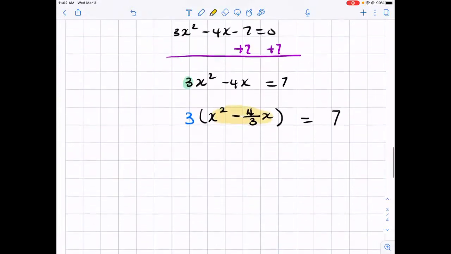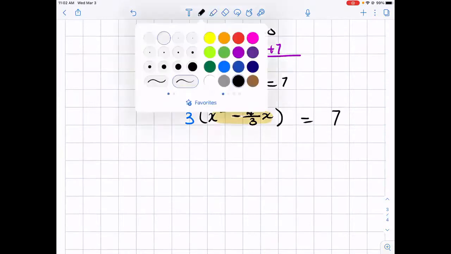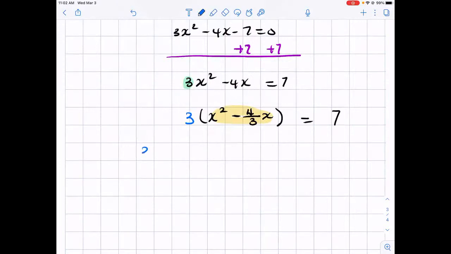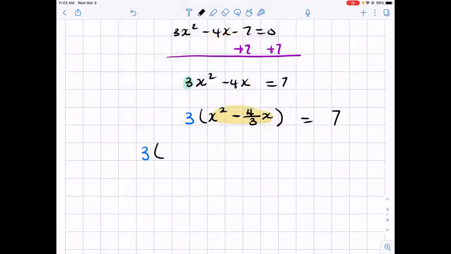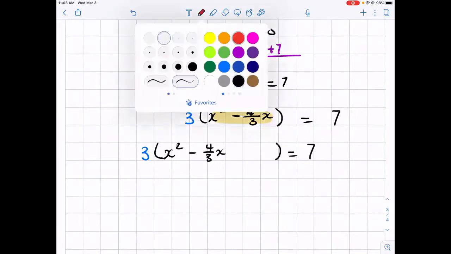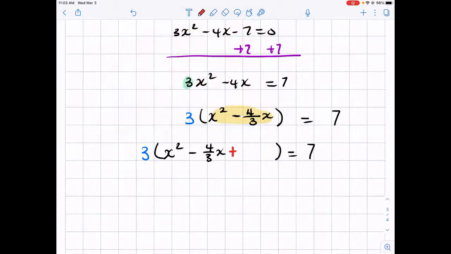So when a is not 1, it becomes a little bit more detailed. X squared minus 4 over 3x. Remember, our goal is to always add whatever b is.